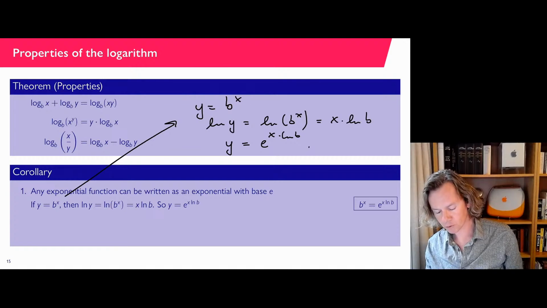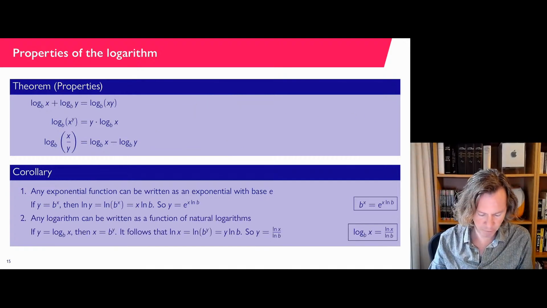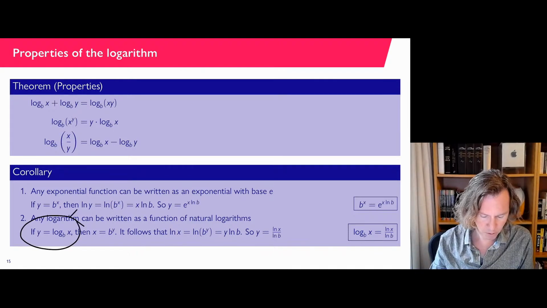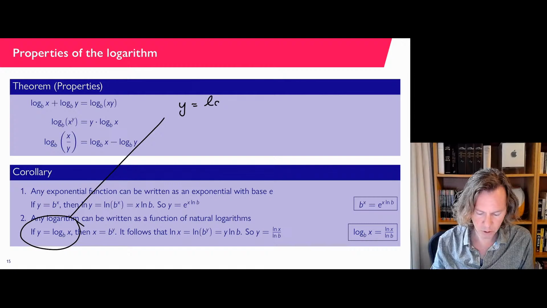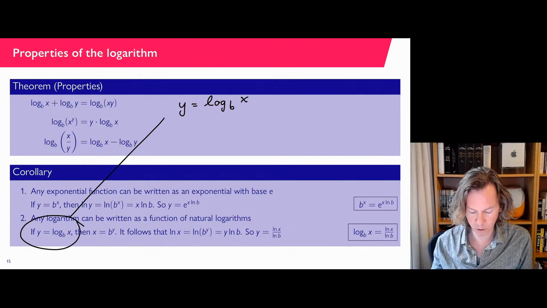Same thing for logarithms. If you have a general logarithm, so here I have y is log base b of x. What that means is it's the inverse of the exponential function. So it means that x is b to the power of y. That's saying the same thing.